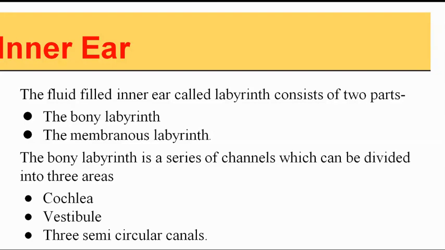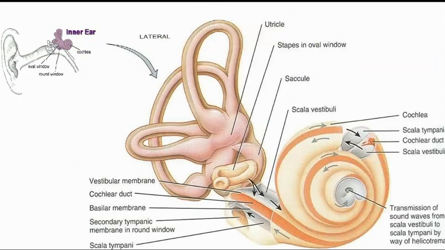And again, the bony labyrinth is divided into a series of channels or tube-like structures, where you find three regions, that is the cochlea, vestibule, and three semicircular canals. So let us see the picture of this.